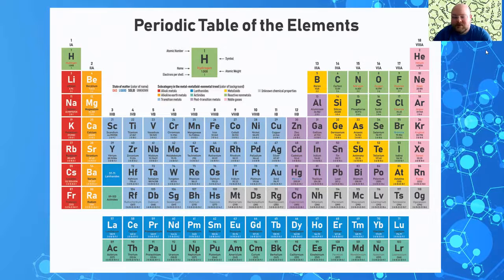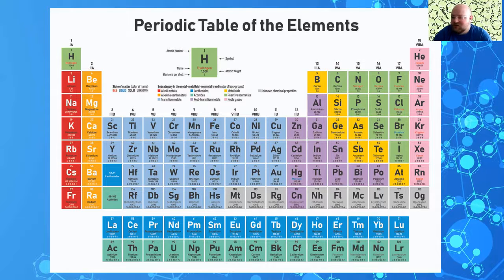So here it is. Here's the periodic table, and you can see things are grouped in a certain way. Hydrogen is over here on its own, and the different colors represent different families of elements, which we're going to get into in a second.